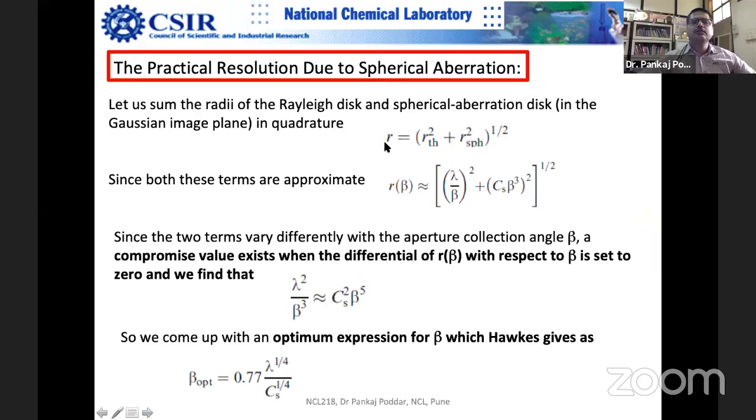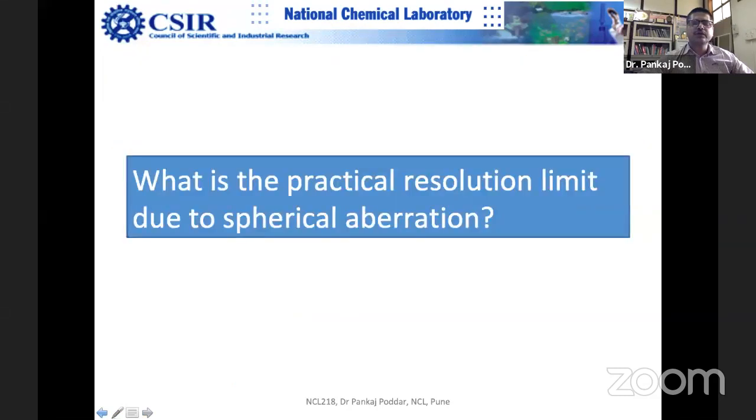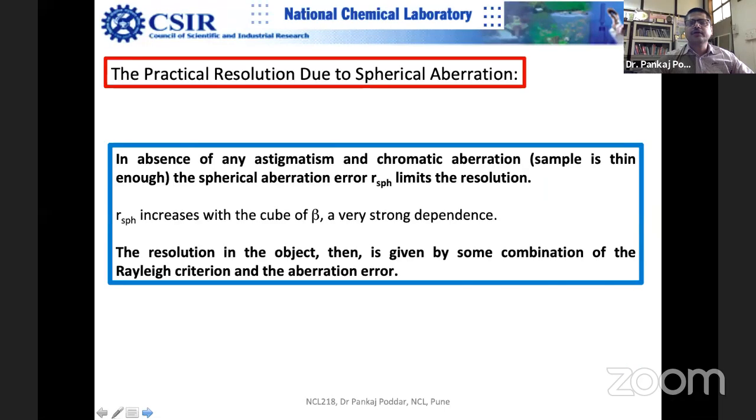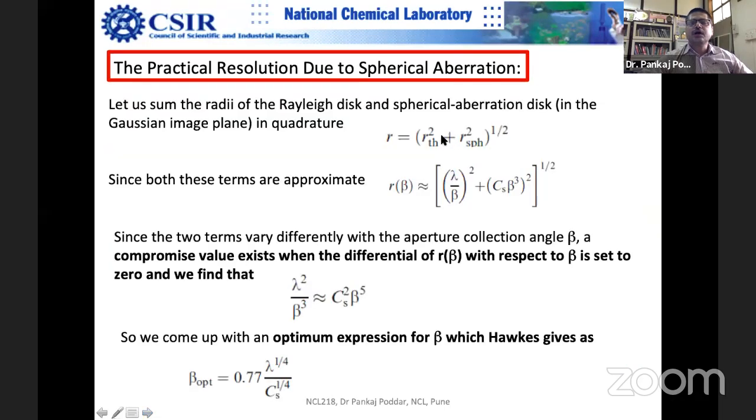So basically, some of these radii you can consider. If you see here, we have ignored this just for simplicity. It doesn't affect our results too much. But R theoretical squared plus R spherical squared, and square root of that.